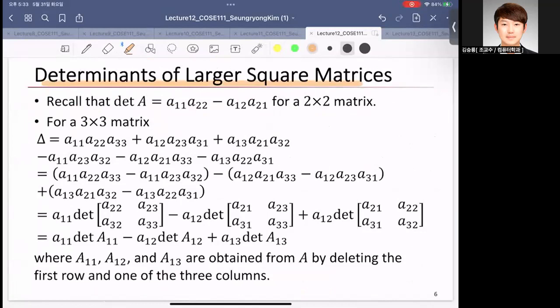For example, determinant of A was a11 a22 minus a12 times a21 for the 2 by 2 matrix. And the 3 by 3 matrix was the triangle, and so on. Then we can reduce this one as a11 times determinant of A11 minus a12 times determinant of A12 plus a13 times determinant of A13.